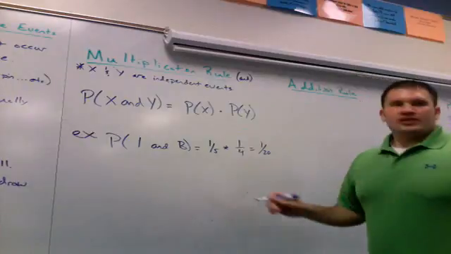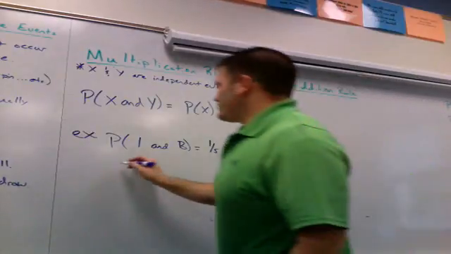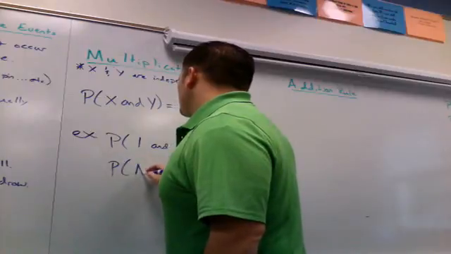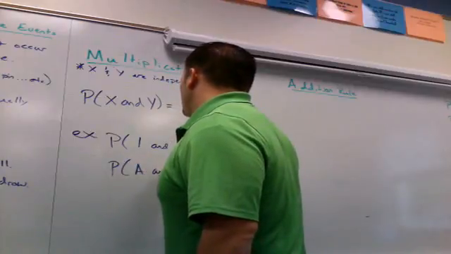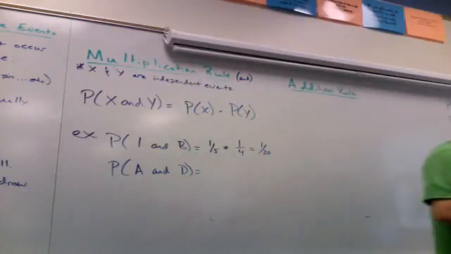Does that seem easy enough? Yes. Okay, let's try this one then. Probability of A and B. Try that one. Know the answer, but do not shout it out. Let everybody give it a shot. Everybody take a turn at this.